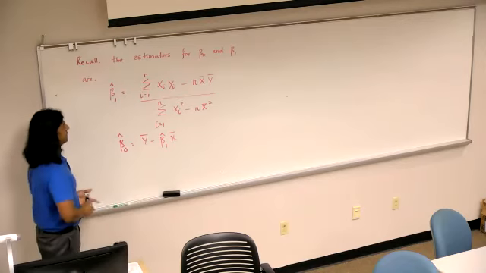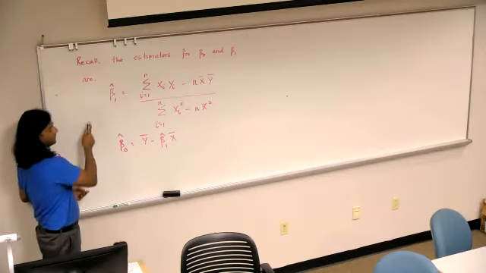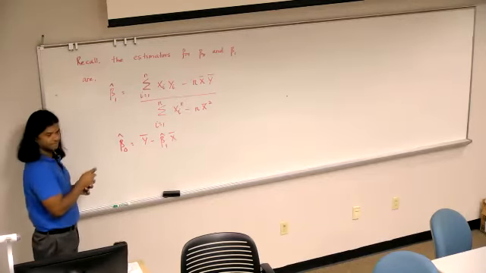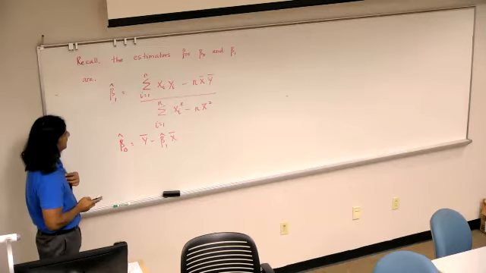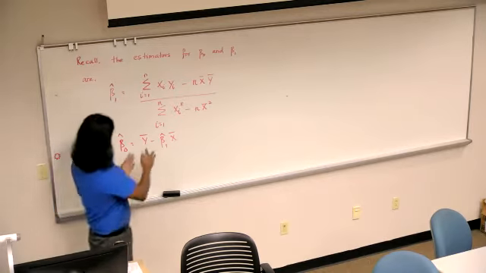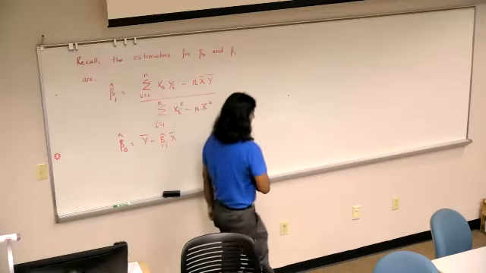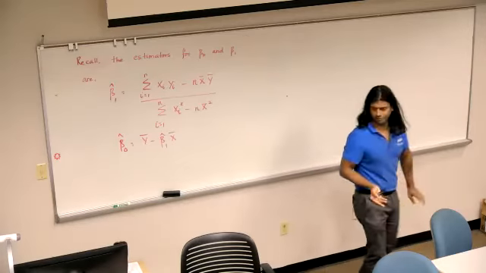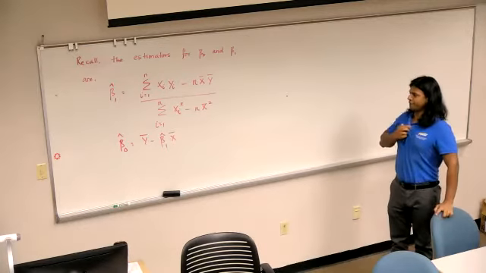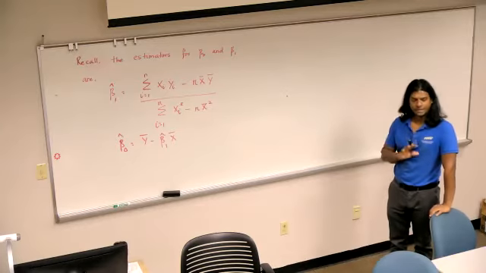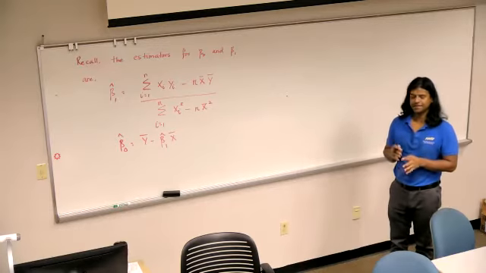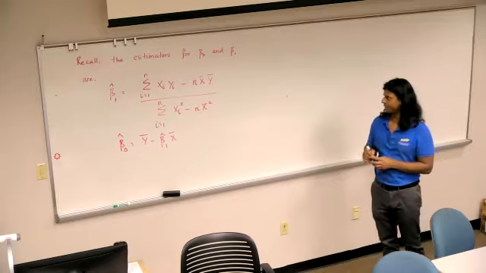In practice, you start with estimating beta 1 hat first, and then we move on to beta naught hat. This part is fine, the expression for beta naught hat. The expression for beta 1 hat looks a bit messy. So we can actually simplify that and write it in a different way.